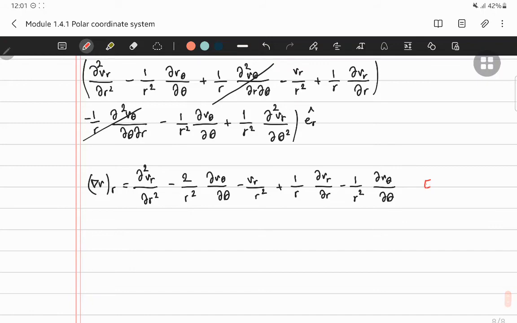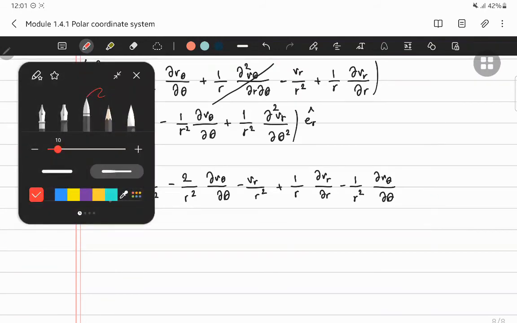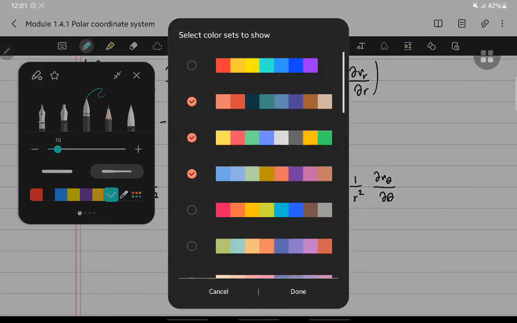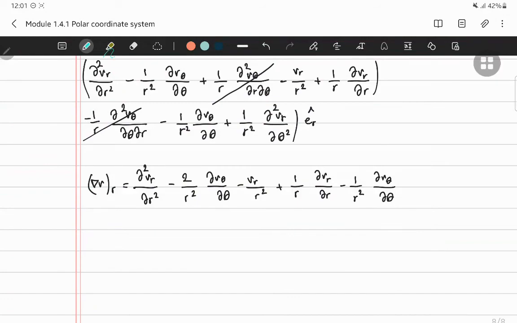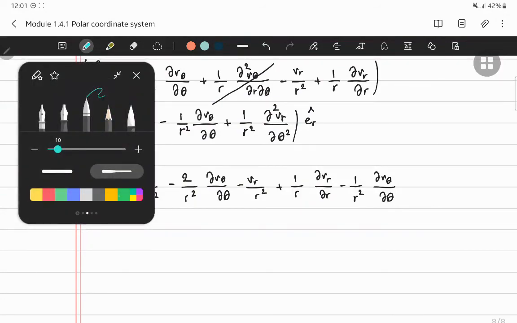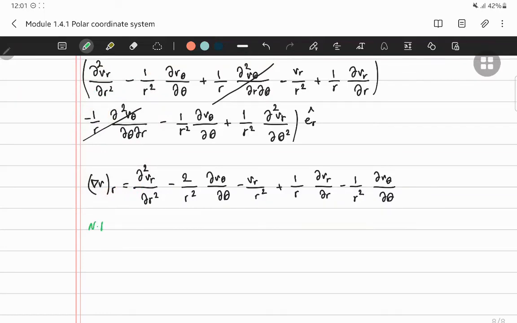In equation 233, 40. So this second partial derivative of VR with respect to z should be removed.